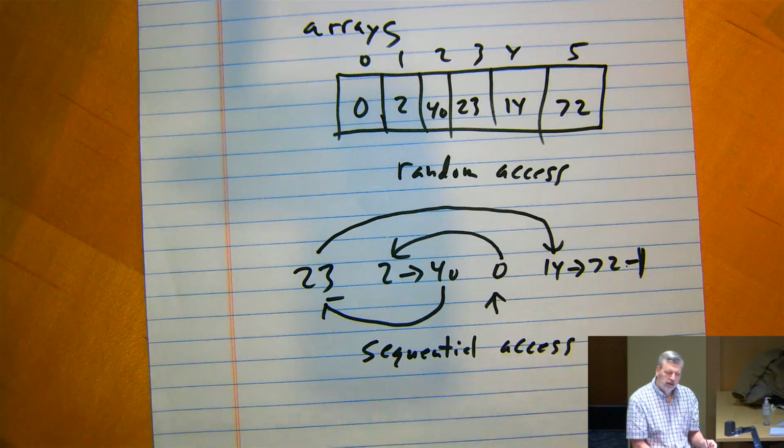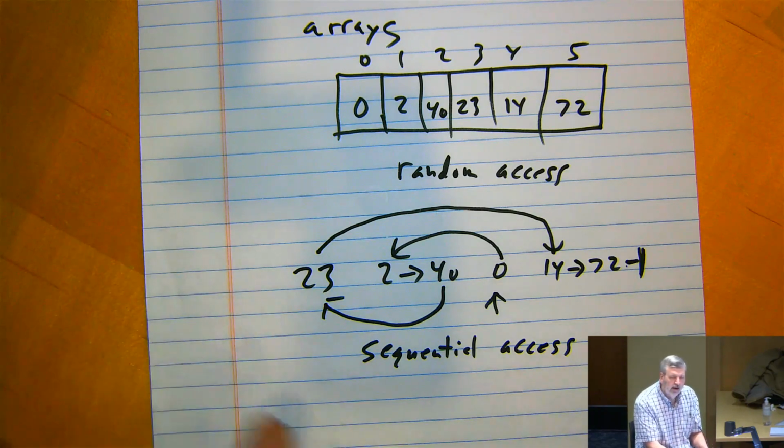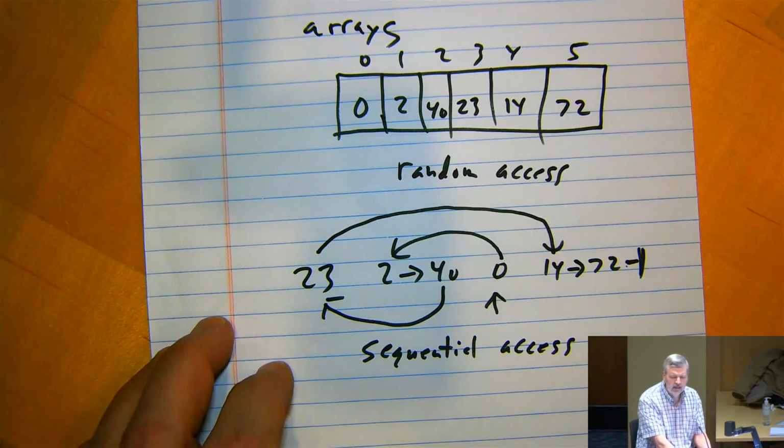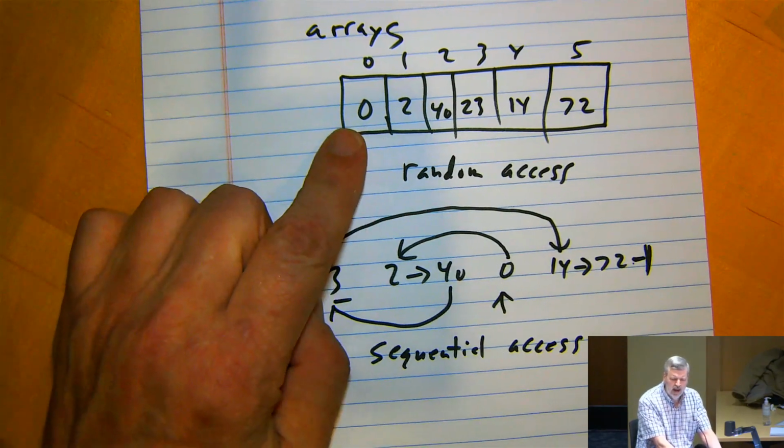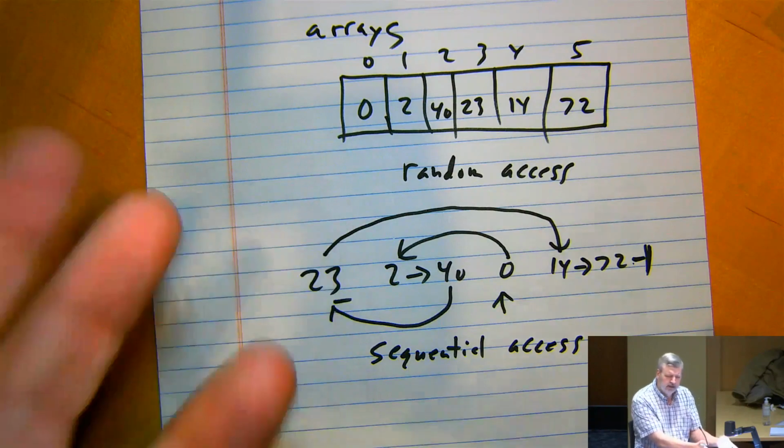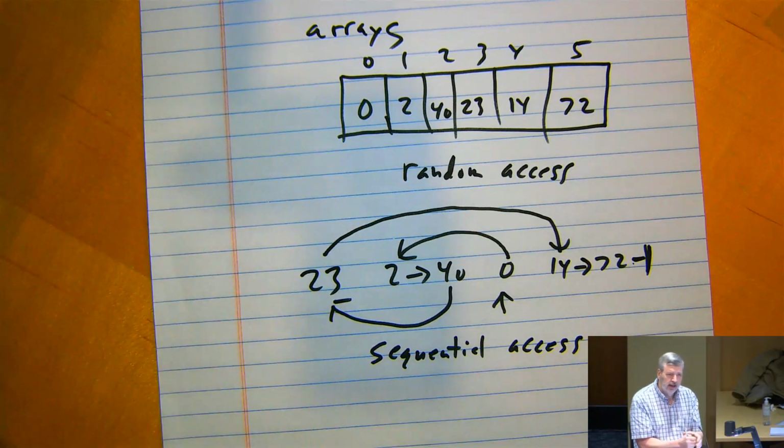So linked lists are much more flexible in terms of rearranging links, and so that means changing the structure. So inserting and removing anywhere within the structure, making it bigger, making it smaller, those are all easy things to do with a linked list, not so easy to do with an array. So as I said, things that the one is good at, the other one is not so good at, and vice versa.